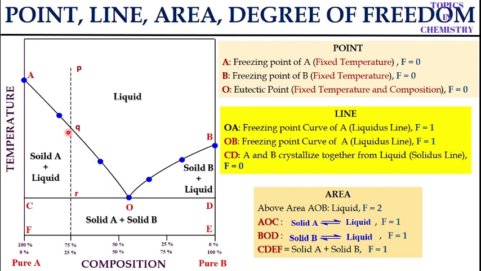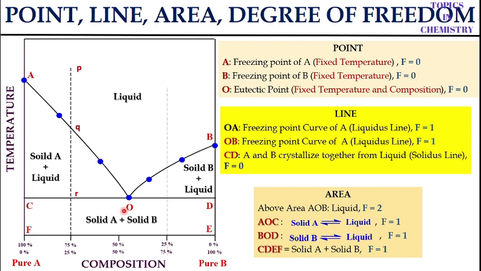At R point, both solid A and solid B are in equilibrium with liquid. As A solidifies first from the liquid mixture, the amount of A is greater than the eutectic mixture.